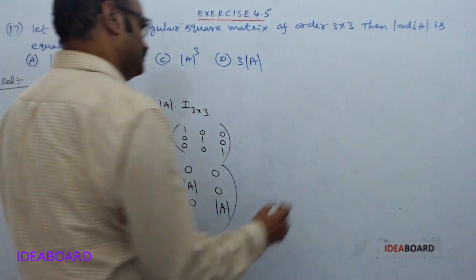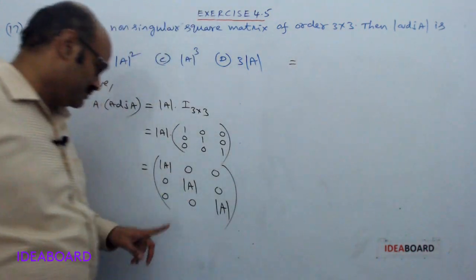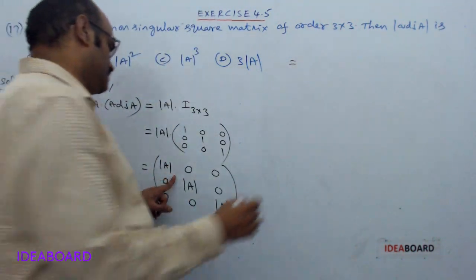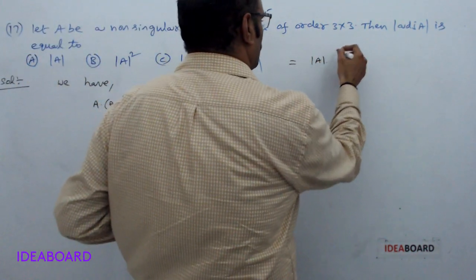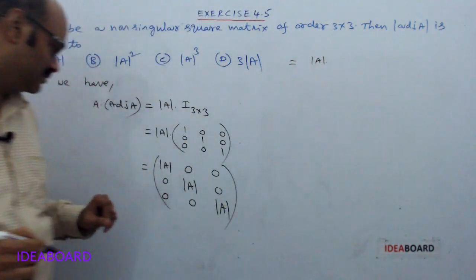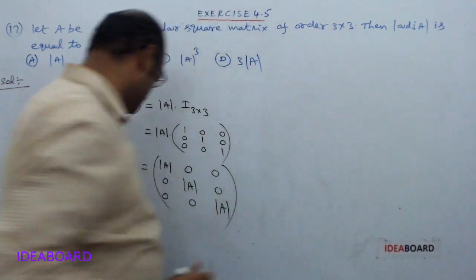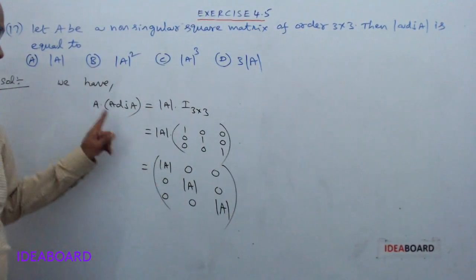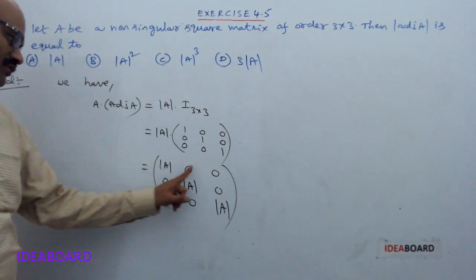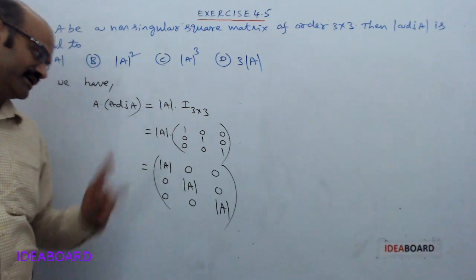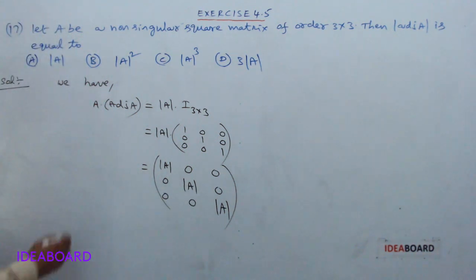So A into adjoint of A equal to this matrix. Now apply determinant.